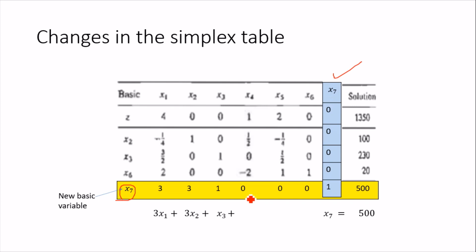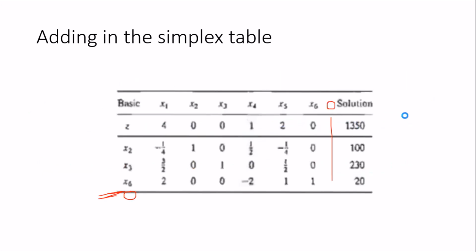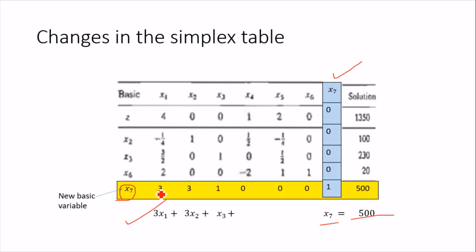Now look at the constraint we are adding: 3x1 plus 3x2 plus x3 plus x7 equals 500. You have just seen that this is the constraint we are going to add. The coefficients are 3, 3, 1, the coefficient of x7 is 1, and then 500. The same is here: 3, 3, 1, coefficient of x7 is 1, and then 500. Since x4, x5, x6 do not appear anywhere in the newly added constraint, their coefficients are 0 here.